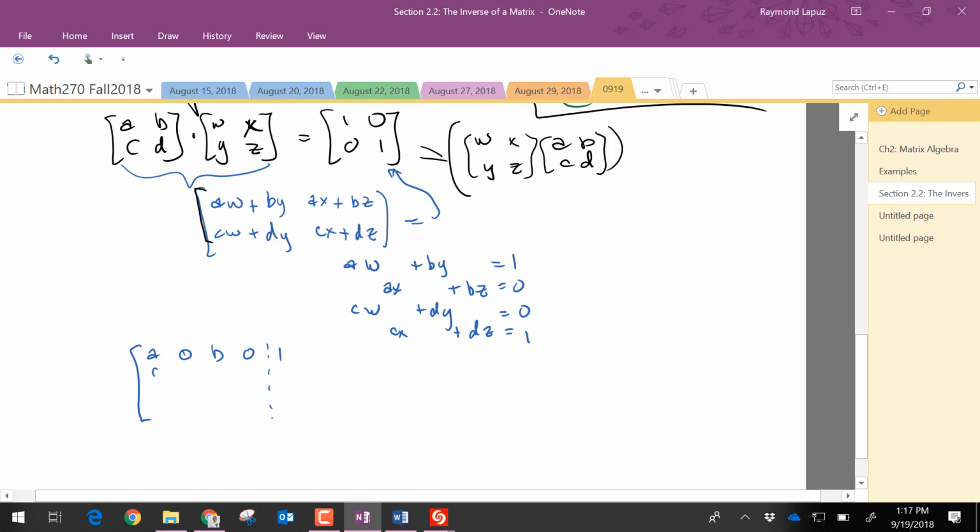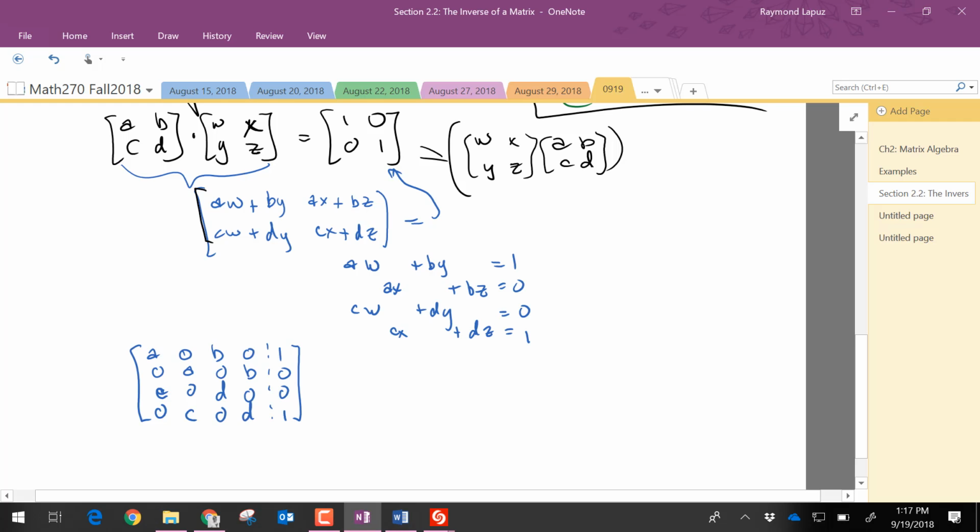And then 0, A, 0, B, 0, C, 0, D, 0, 0, and 0, C, 0, D, 1. So we want to solve for this.